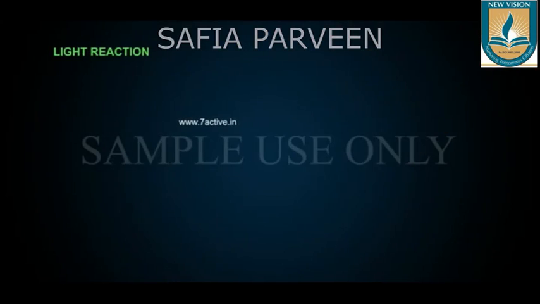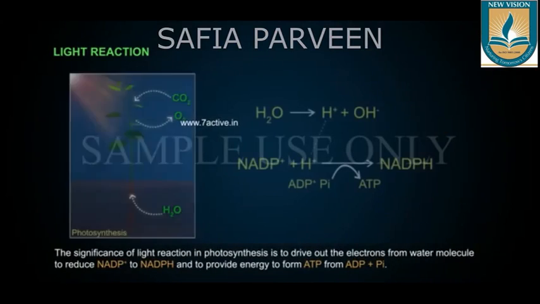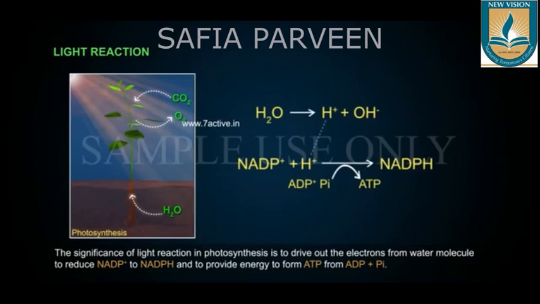What happens during the light reaction? During the light reaction, the water molecules present inside the leaf split to form H plus and OH minus ions. The H plus of this water molecule helps in building up NADPH from NADP.